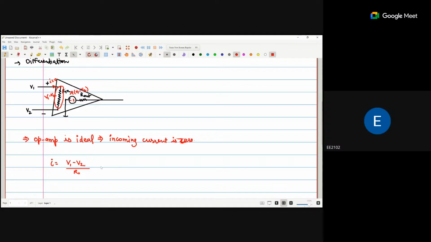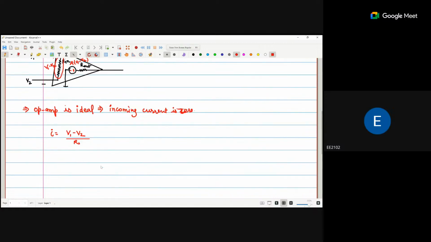So two assumptions we are taking here. The current I is zero when V1 is equal to V2.